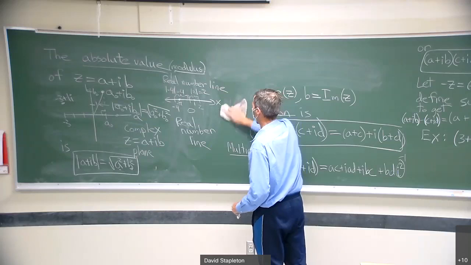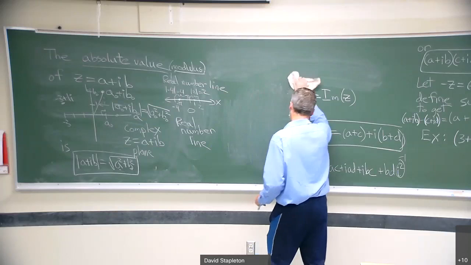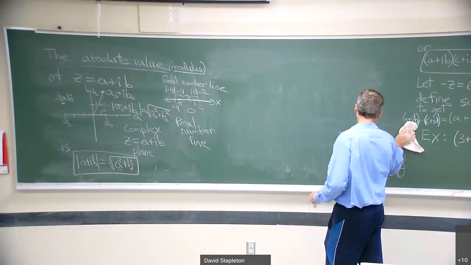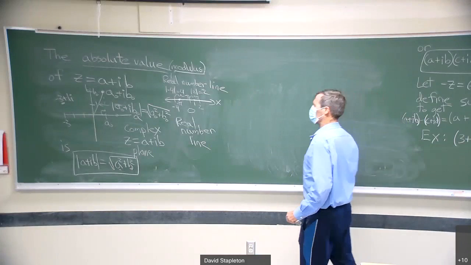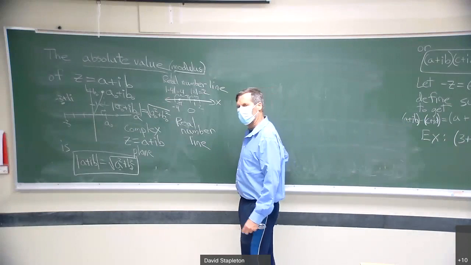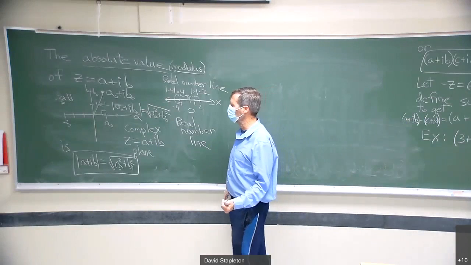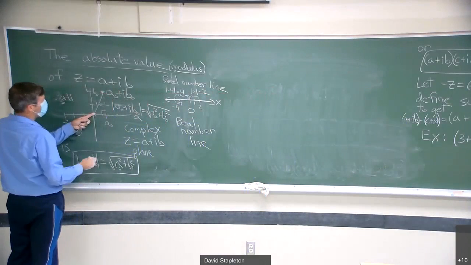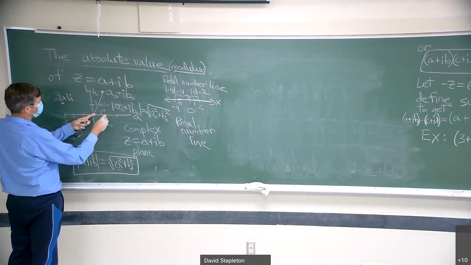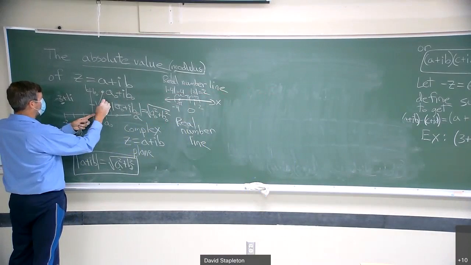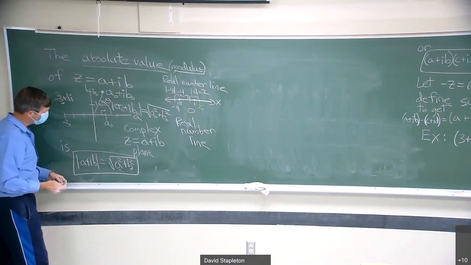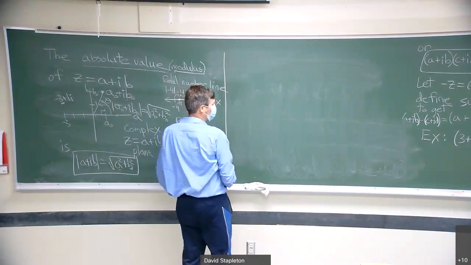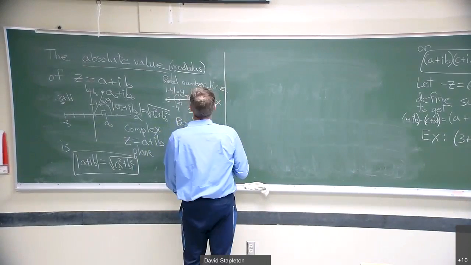Now, how can we identify complex numbers besides using their plane coordinates a and b? Maybe I remember polar coordinates. I can identify each point in the plane by taking its distance, which is now the absolute value, and its angle, here theta. When we do that, we obtain what we call the polar form of a complex number.